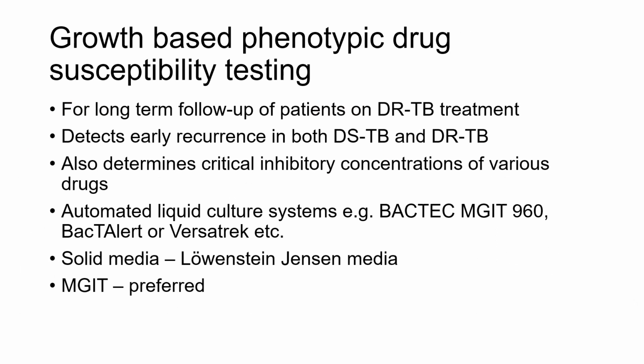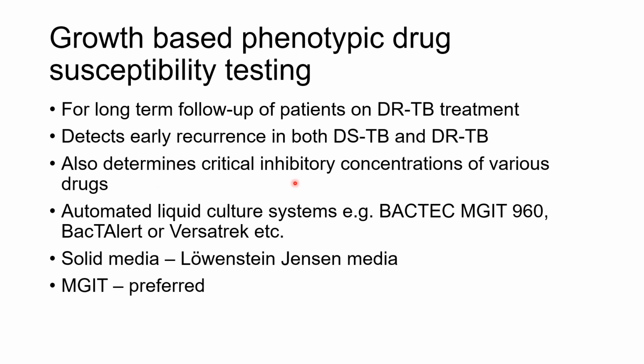So what is growth-based phenotypic drug susceptibility testing? It is used for long-term follow-up of patients on DRTB treatment. That means if a patient is diagnosed as a case of drug-resistant tuberculosis, for follow-up of that patient, we have to do growth-based phenotypic drug susceptibility testing. It also detects early recurrence in both drug-sensitive and drug-resistant tuberculosis.